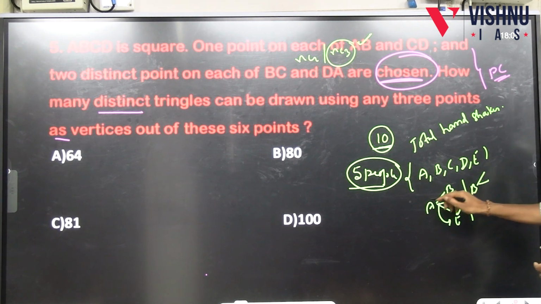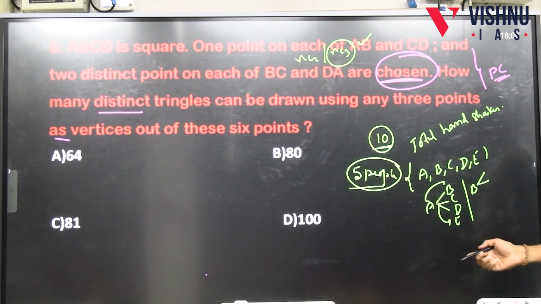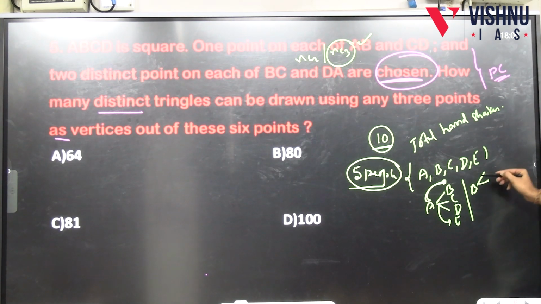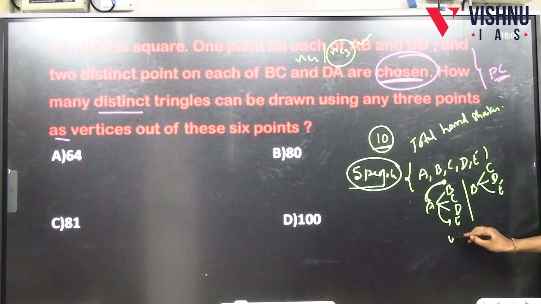If a person has shaken hands with another person, they should not shake hands with the same person another time. So A and B have already shaken hands, so we don't need to take A again. So B can now shake hands with C, D, E, which is 3. So A has 4 possibilities, B has 3 possibilities.